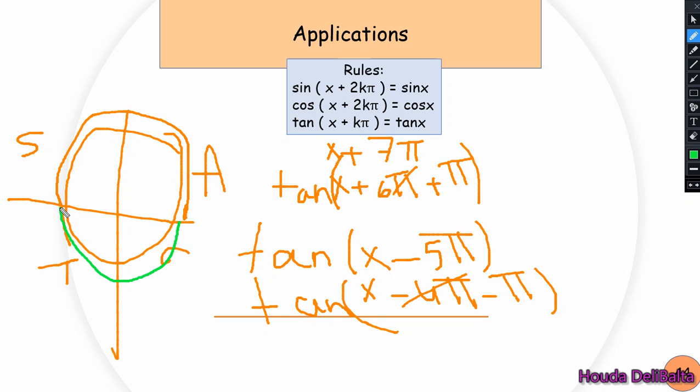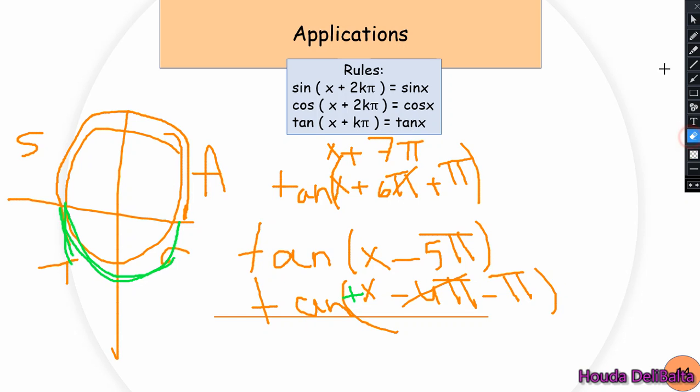Now plus x, then I have to go back in the positive sense, which is anti-clockwise. And definitely again, I am in quadrant 3. So in all cases, I am in quadrant 3 and tangent is positive. So in all cases, for any integer k, tangent of x plus k pi is equal to tangent x.